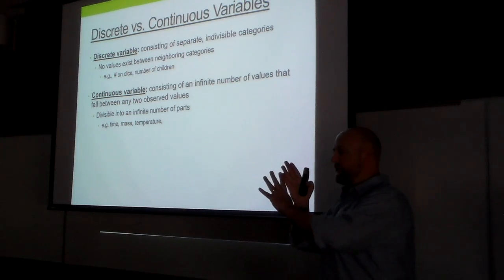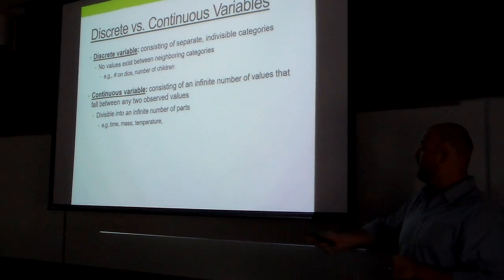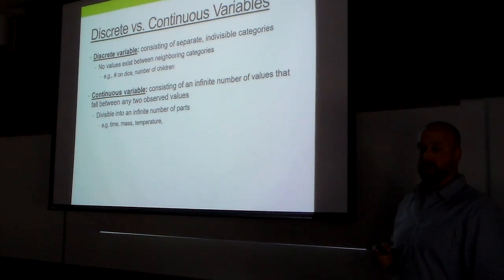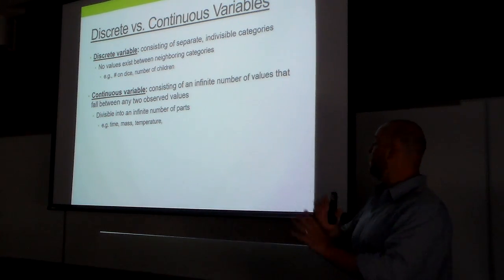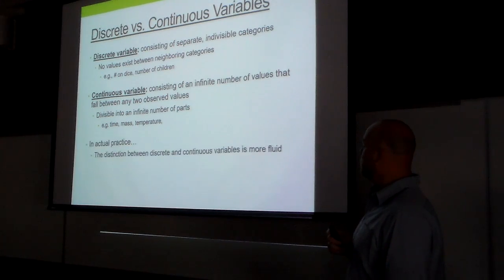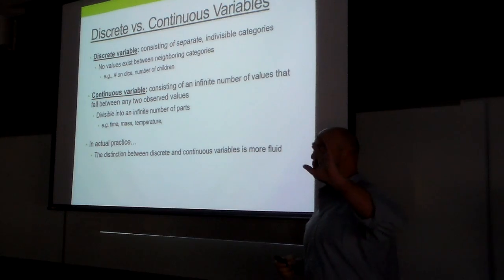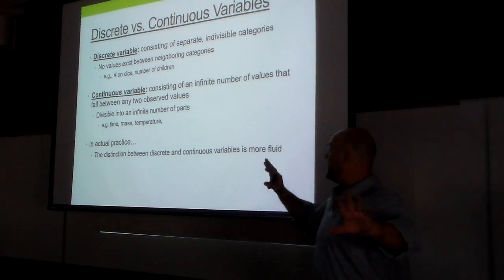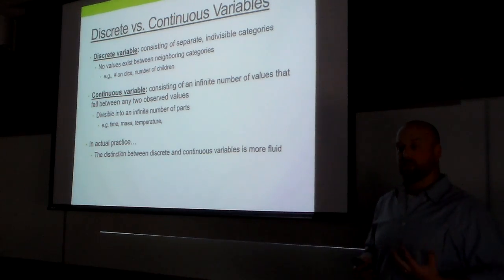These are things where we can get down theoretically to infinitely small measures, versus the number of children you have. You either have 1 or 2 or 3. We can't have an infinitely small number of divisions between children, okay? And so from a theoretical standpoint, this is going to be the difference between discrete variables and continuous variables. When we're actually working with data, though, this starts to become a little bit mixed.